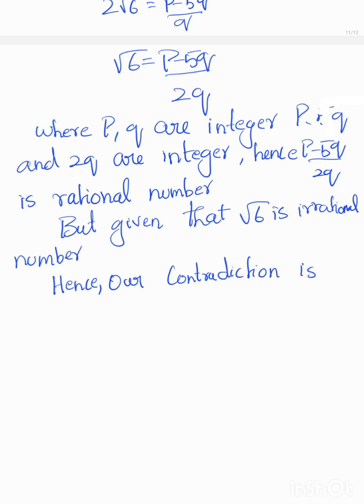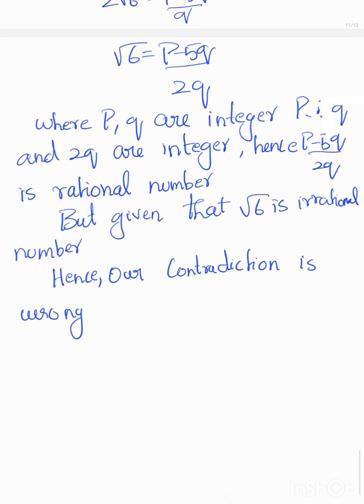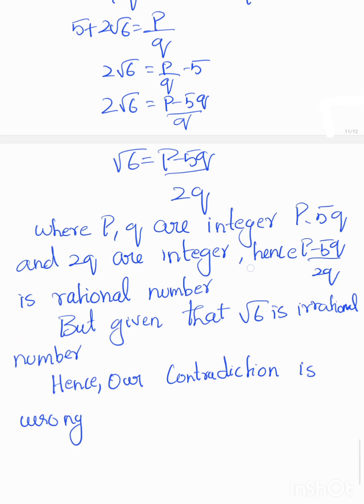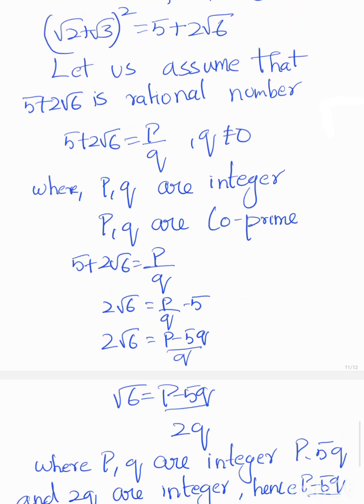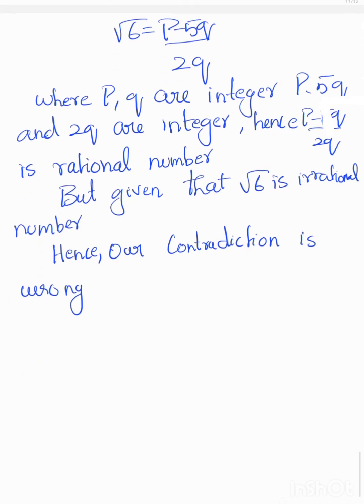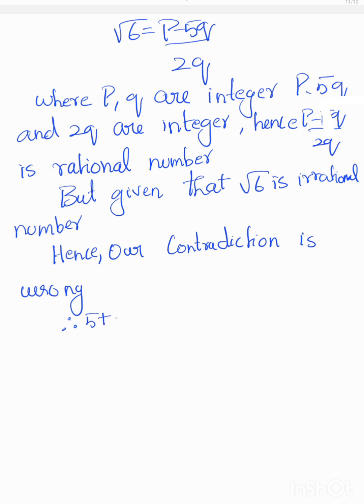What is our assumption? 5 plus 2 root 6 is a rational number was our assumption. So we have to write the contradiction of that. Therefore, 5 plus 2 root 6 is an irrational number.